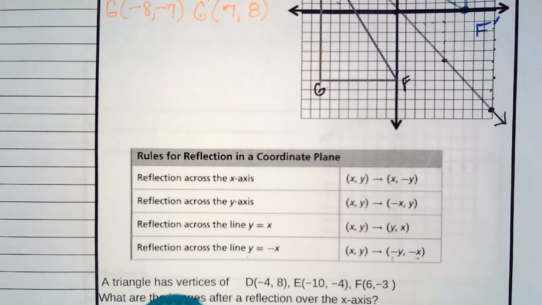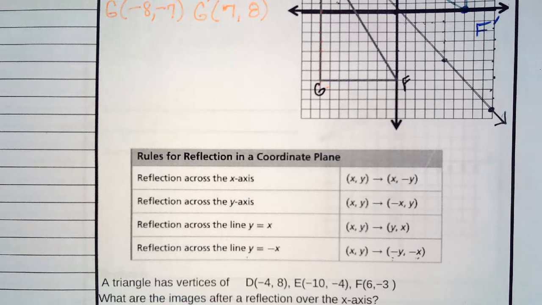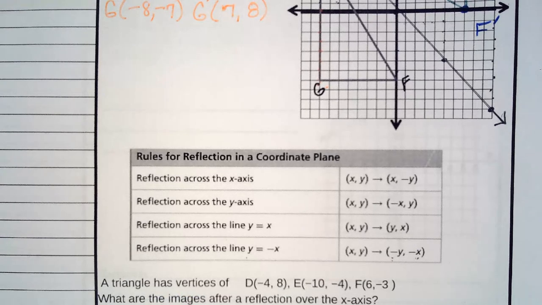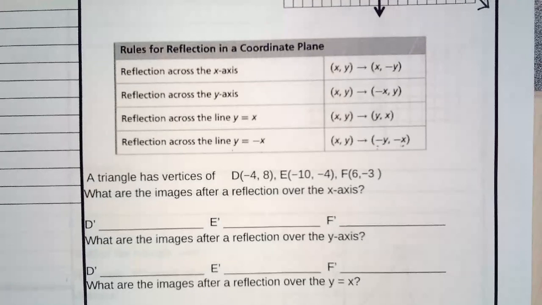We just did the line y equals the opposite of x, and you can see how both of them switch. The x becomes the y and the y becomes the x, and then they both become the opposite of what you originally had. So using this table, we're going to reflect according to the rules.